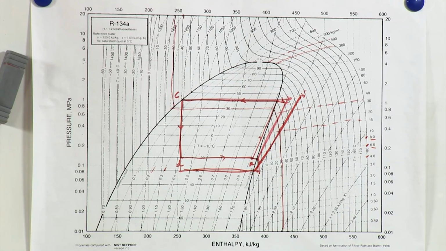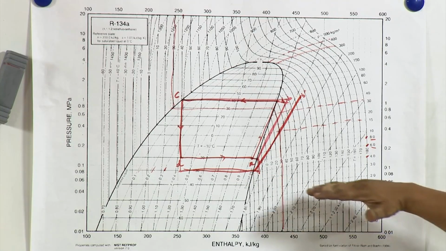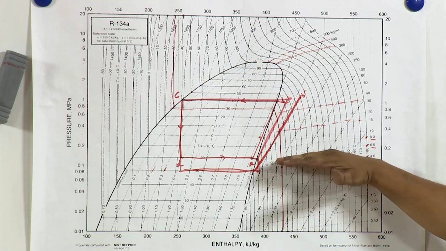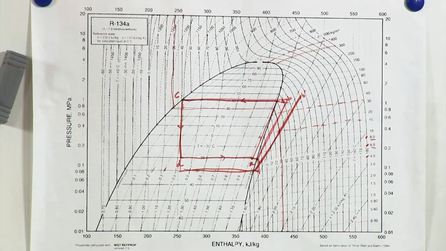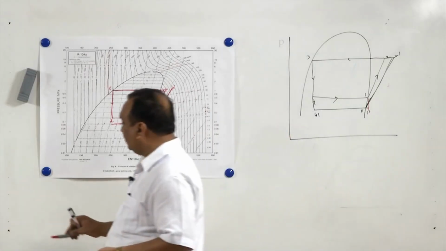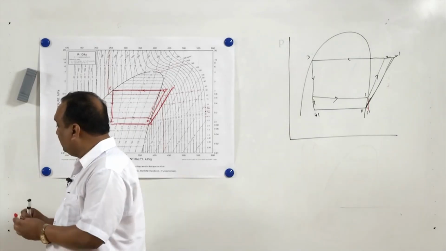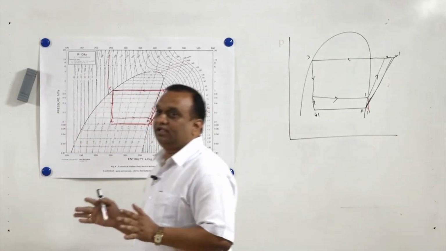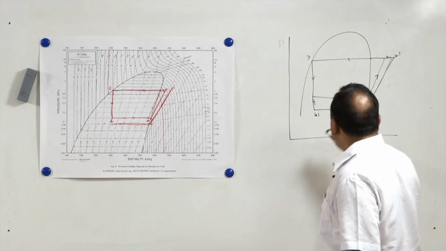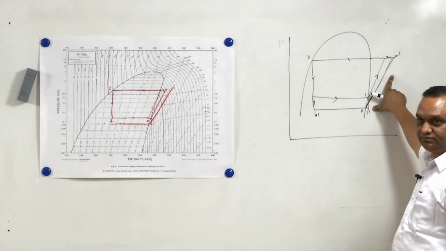When the density of the refrigerant which is entering the compressor is reduced, the volume of the compressor is constant. When the density of the refrigerant entering the compressor is reduced, the mass of the refrigerant which is entering the compressor is reduced.